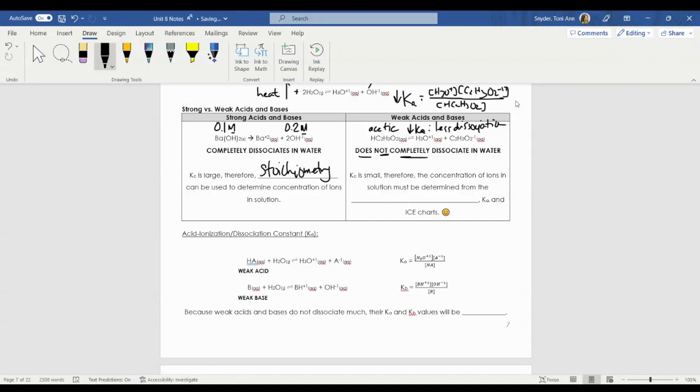So as a result, because that value for K is so small, the concentration of ions in solution must be determined by the acid dissociation constant, which basically is just my equilibrium constant for that acid ionization.